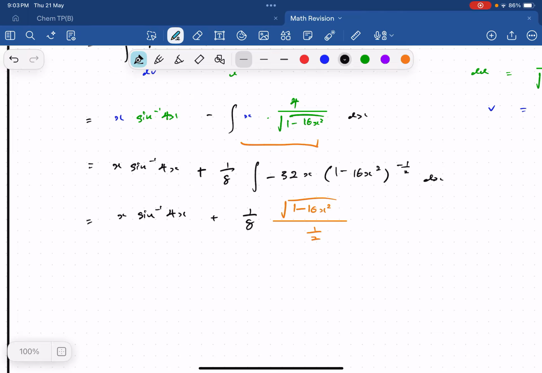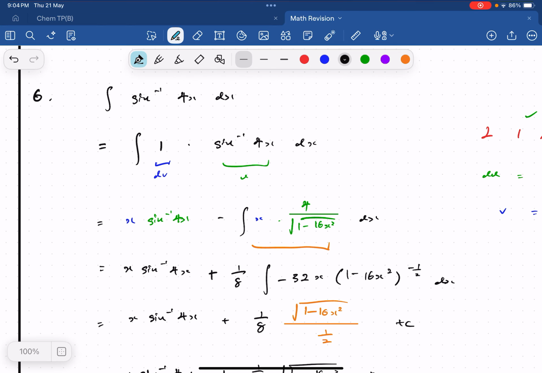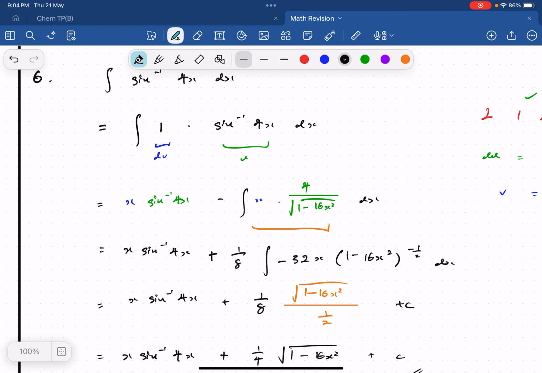And this will be plus c. So I will get my final answer. Just simplify the constants, and I will get plus 1/4 root of this entire thing plus c. Okay, so that is it for this particular integral.